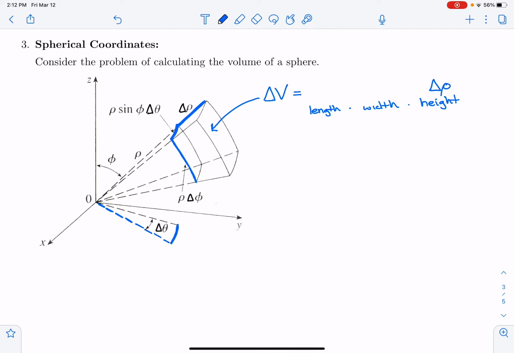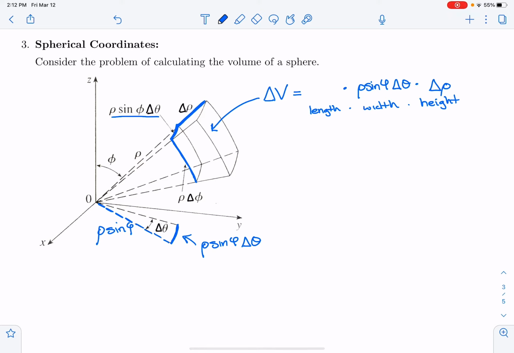That distance we know from our discussion of spherical coordinates. When we project rho into the xy plane, we just get rho sine phi. And so this distance right there is going to be rho sine phi delta theta. And so that's going to give us the same thing up there. So we're going to have rho sine phi delta theta for the width.